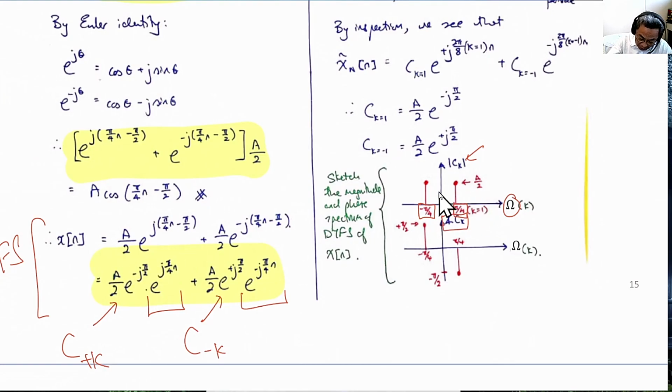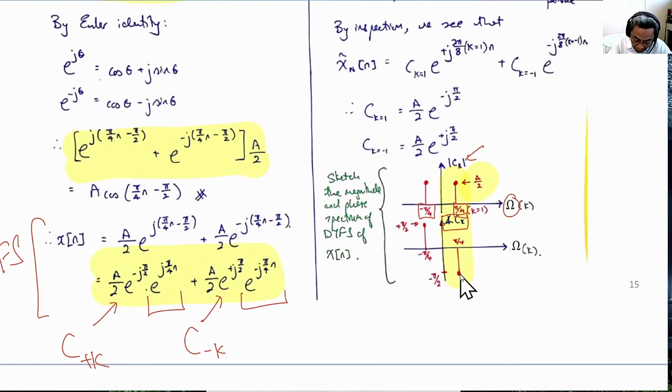At this frequency pi over 4, we have minus pi over 2, so we have minus pi over 2 here. So these two lines are simply these two coefficients, A over 2 for magnitude and minus pi over 2 for the angle.